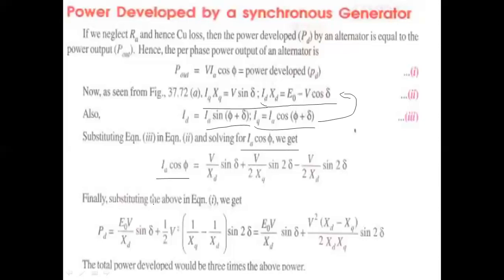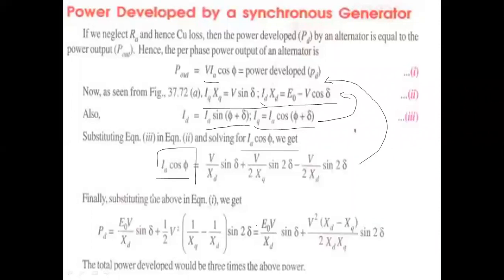Okay, so finally substituting the above equation in equation 1. So finally I am substituting the IA cos phi value in equation 1, in place of IA, V into IA.